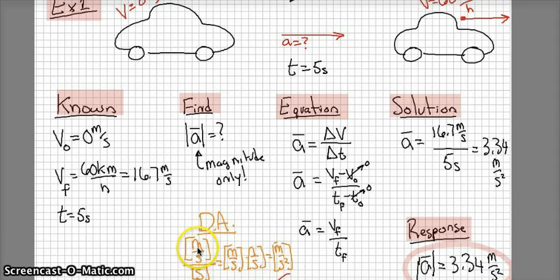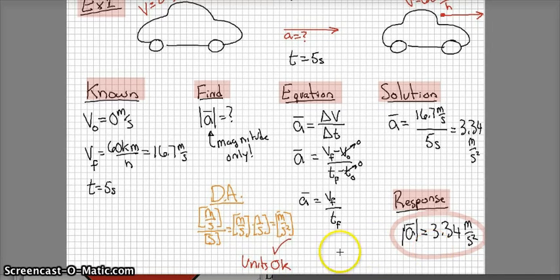Dividing meters per second by seconds is equivalent to meters per second times 1 over s. Remember, when you divide by something, it's like multiplying by the reciprocal. Multiplying across the top and the bottom, we get meters per second squared. This is actually a good thing. Units turn out to be okay. I do expect meters per second squared for the acceleration units.